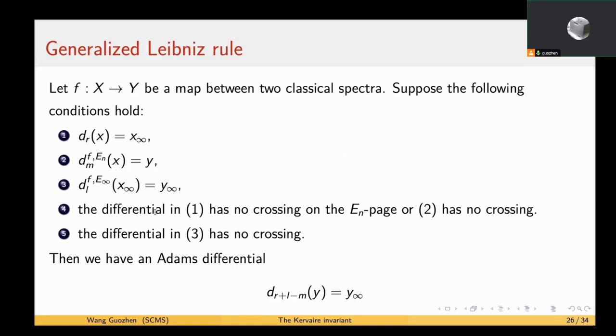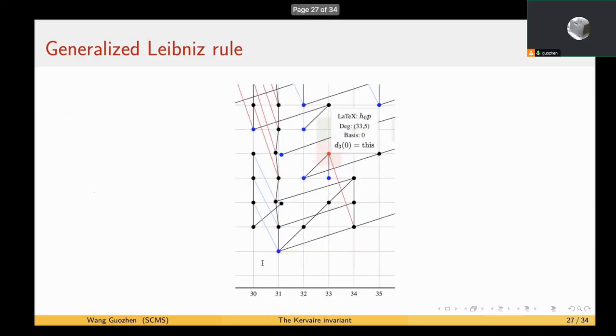Moreover, we suppose that either 1 or 2 has no crossings, and moreover, we suppose that the extension in 3 has no crossing. Then we conclude that there is an Adams differential from y to y infinity.